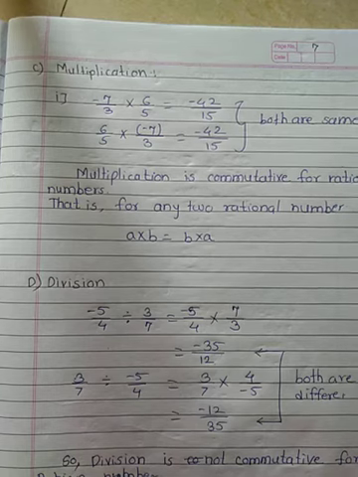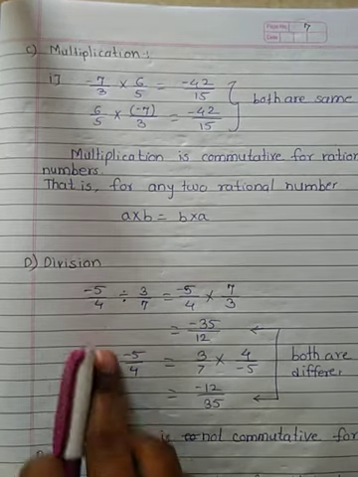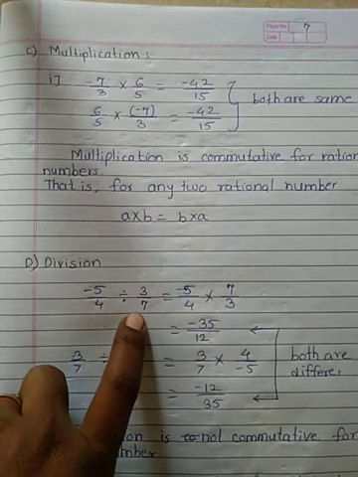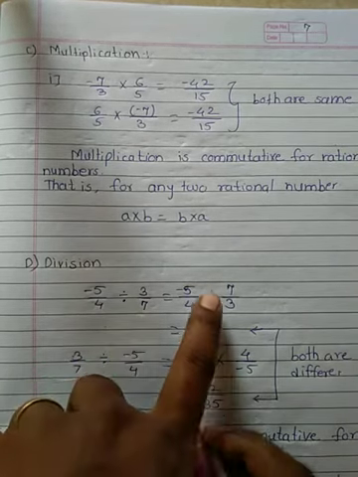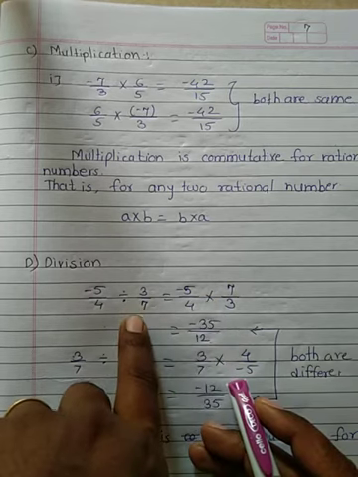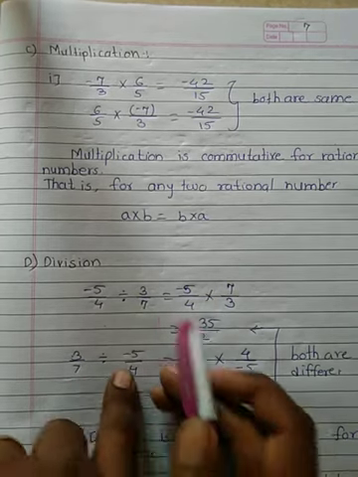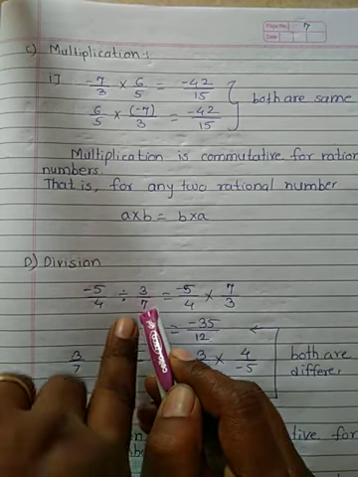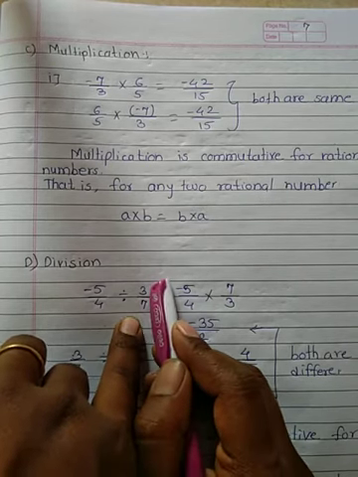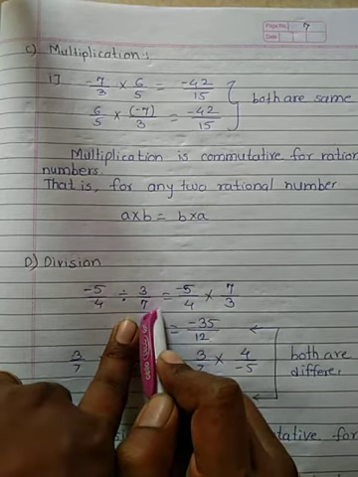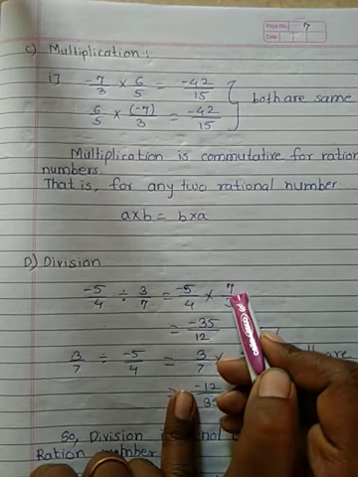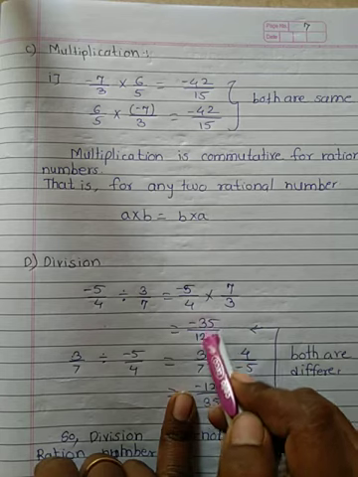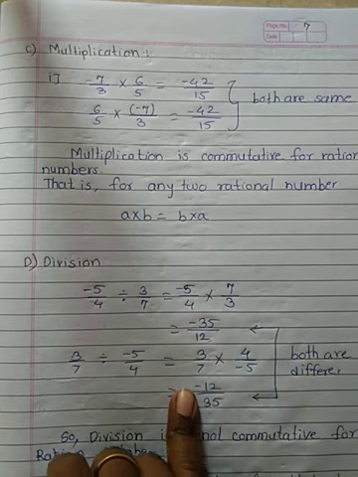Okay, the next point, division: 5 by 4 divided by 3 by 7. Now see, division means multiplication by the reciprocal of the second term. The second term is 3 by 7, and reciprocal means the denominator goes to the numerator and the numerator comes to the denominator. So 7 by 3. So 5 into 7, 35, and the minus sign, minus 35 divided by 12.